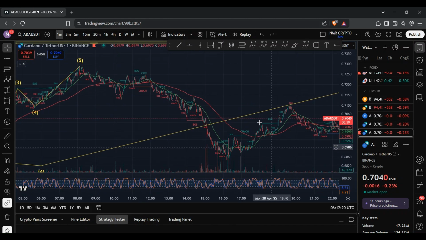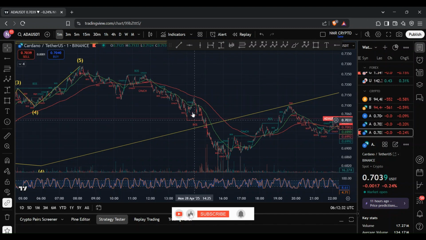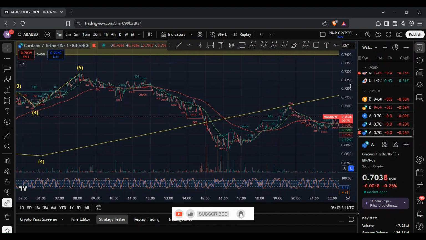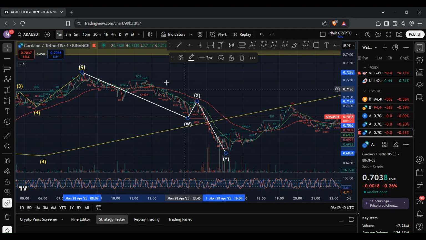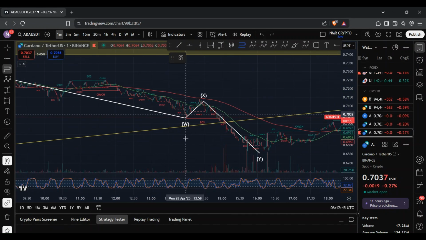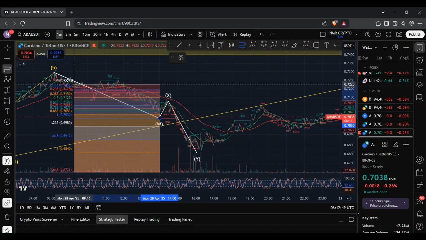And then we ended up having this move to the downside, which is made up of corrective waves, where we have a WXY structure, and a WXY structure, and another WXY structure. So that then forms a bigger WXY structure. And so if I was to draw that in, like so, and then what we can do is check to see if those typical requirements have been met, where the Y wave typically retraces anywhere between 1 to 1.236 of the W wave.